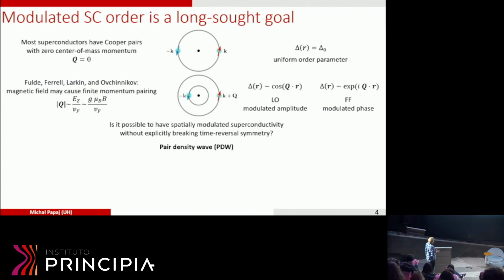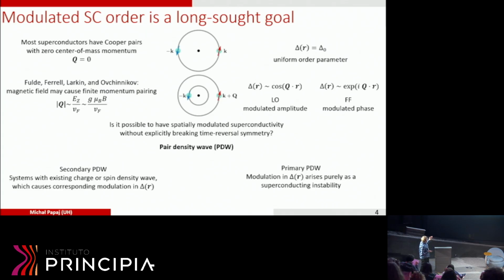Now, one important aspect that comes about during the discussion of paired density waves is whether they are of secondary or primary nature. Secondary means that we have a system with a pre-existing charge density wave, and through this charge density wave we then have this modulation in delta.